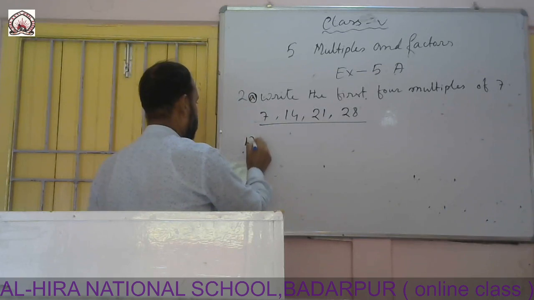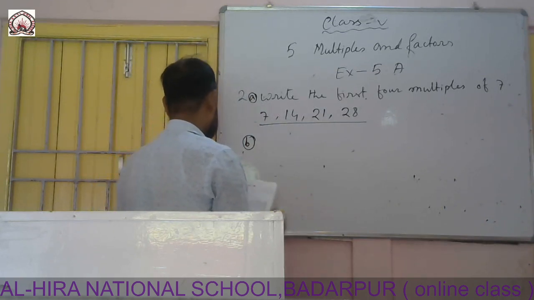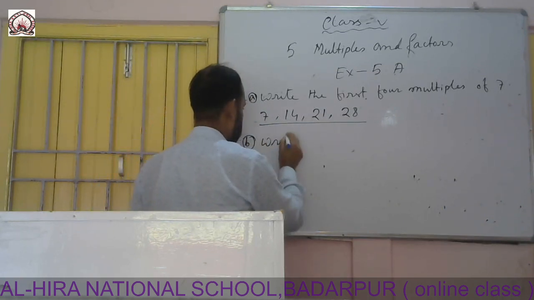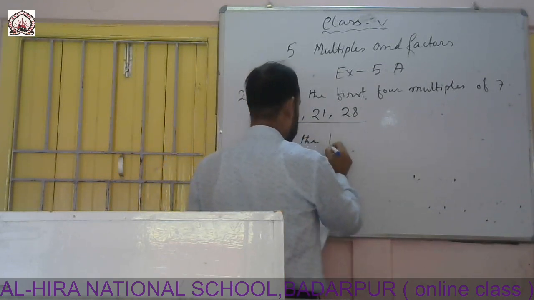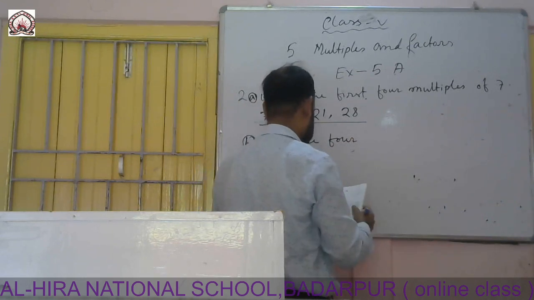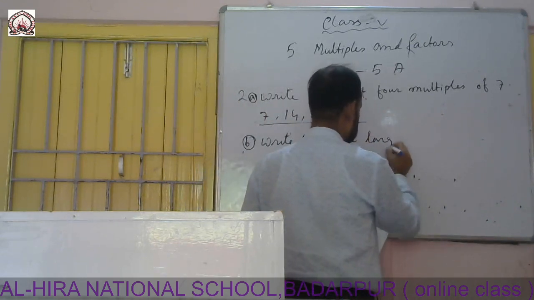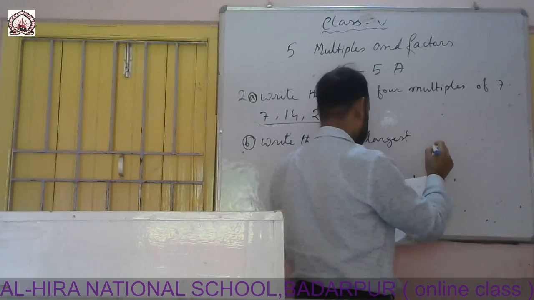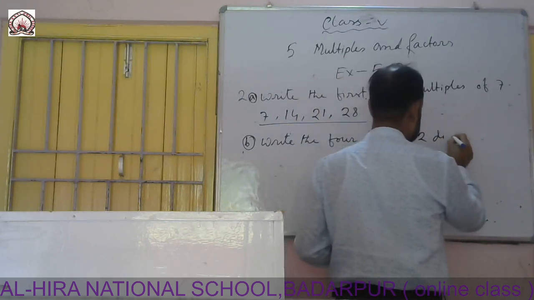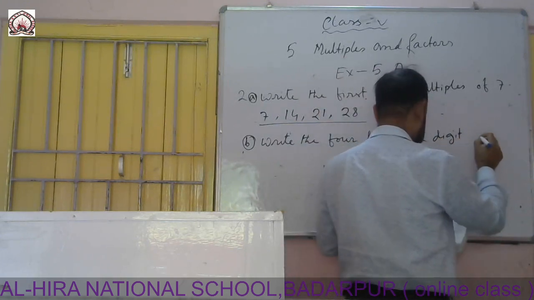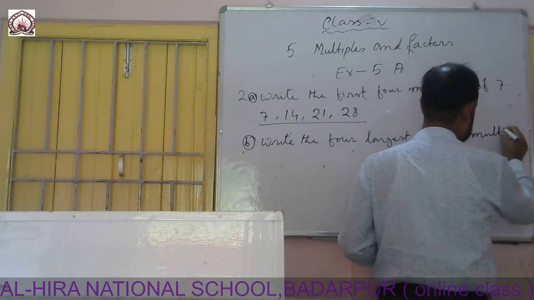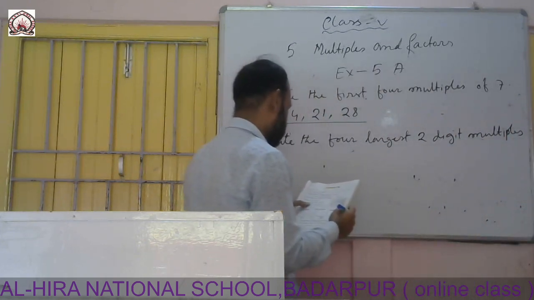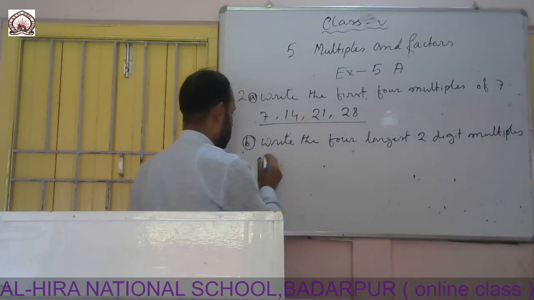Next, question number B. Write the 4 largest 2-digit multiples of 5.